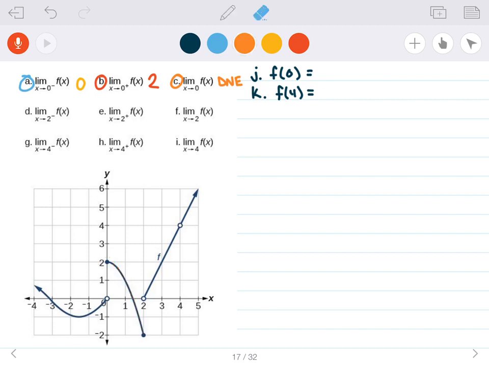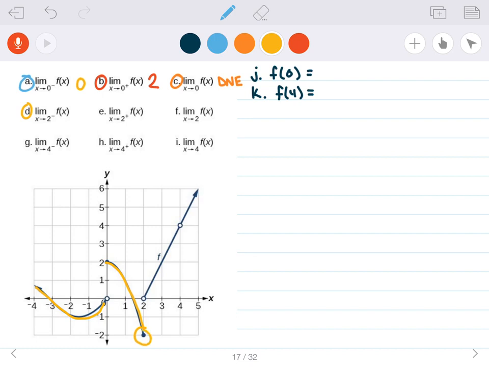Alright, let's look at part D. Now we're looking to see what the limit as x gets closer to 2 from the left is. Well, let's see. As x gets closer and closer to 2, there's a jump here. As x gets close to 2, it looks like our y value is converging here on negative 2.